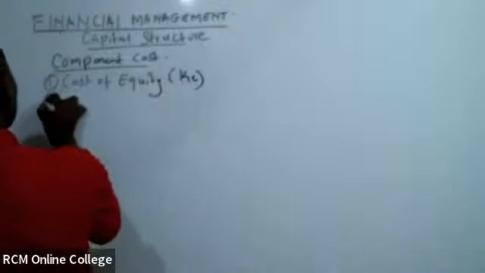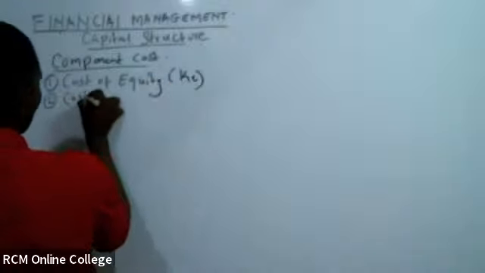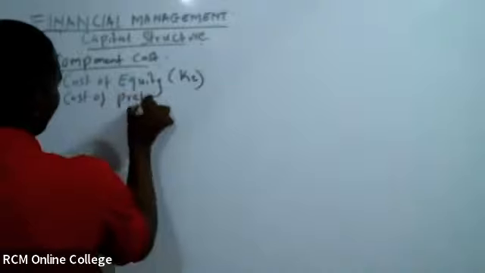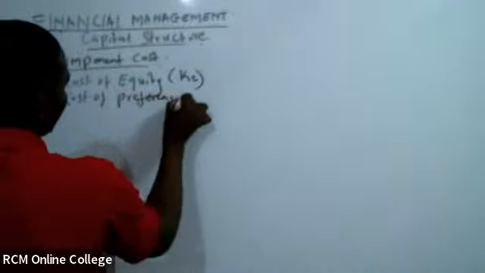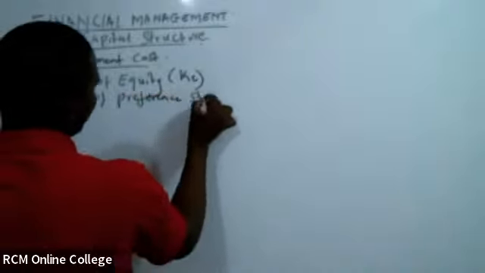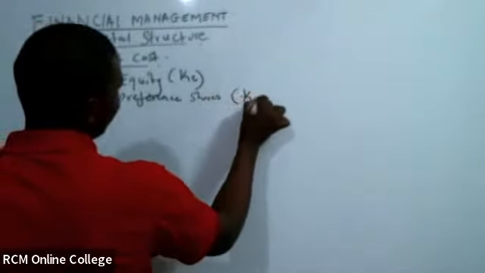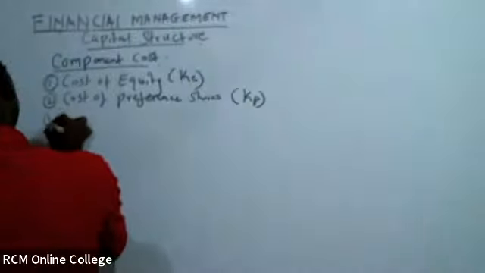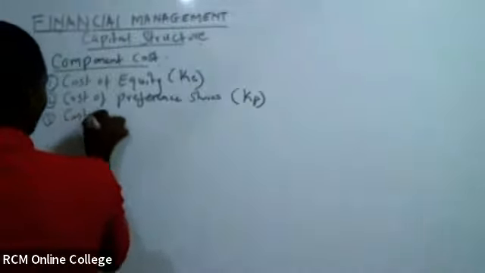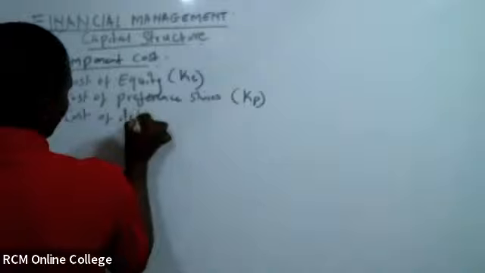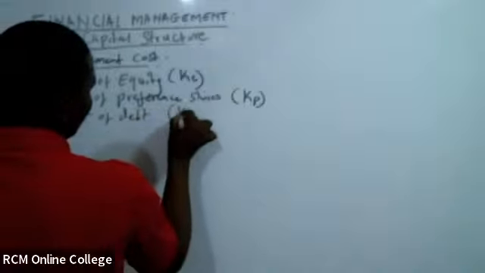Then we have number two, cost of preference share. Just reminding us here, cost of preference shares, symbolized as KP. Then we have number three, the cost of debt, which is symbolized as KD.